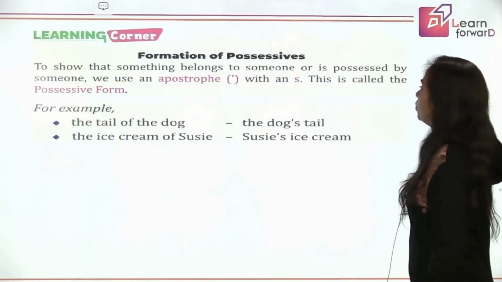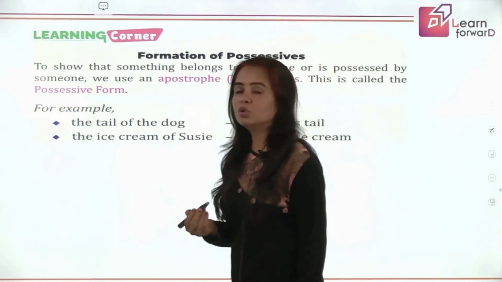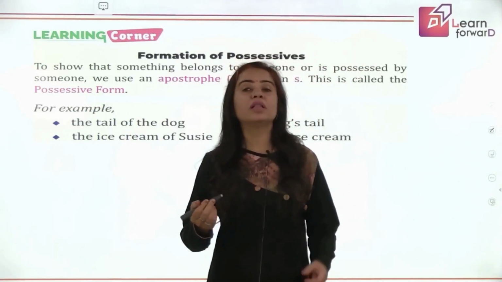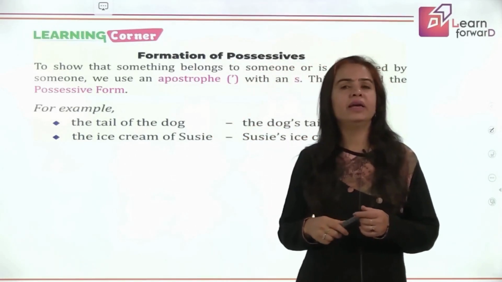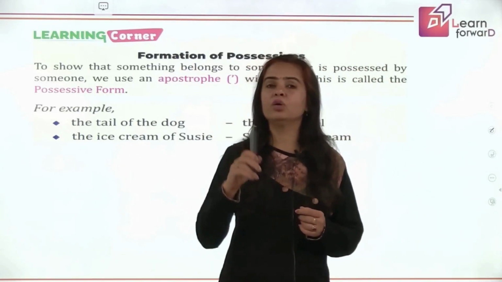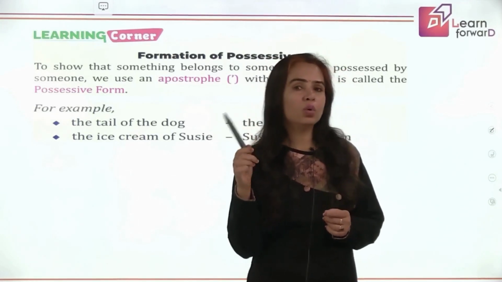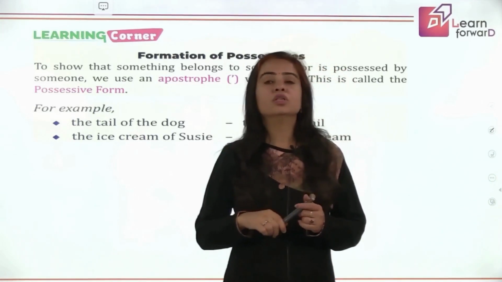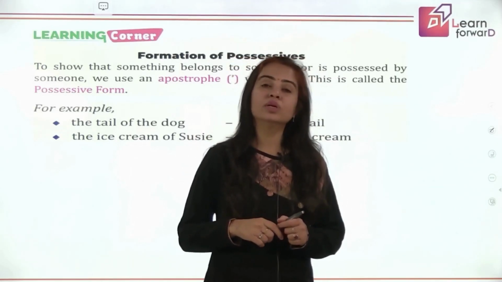So what about possessives? What do you mean by that? Possessives means the words that show possession, belongingness, and it does not definitely mean that you are the owner. Like, I have this pen, but I'm not the owner of this pen, right? If I have your books, I'll say, I have my students' books.